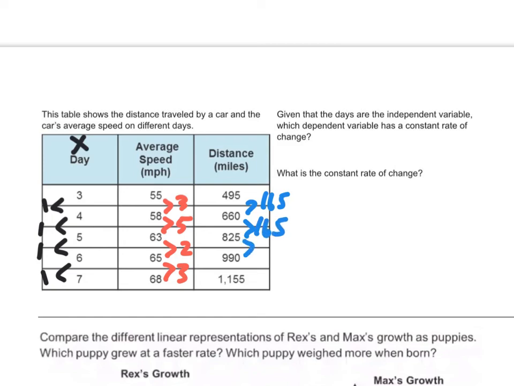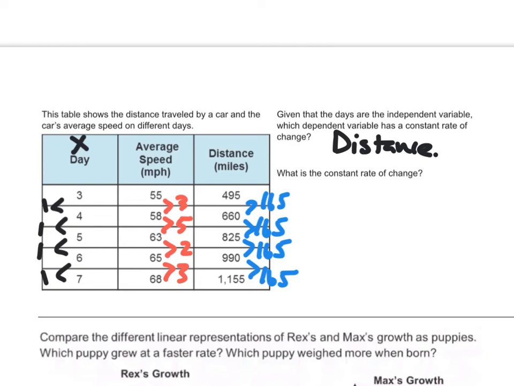If I do 990 minus 825, then that's going to give me 165. Ooh, this is fun. Okay, so we get that this is 165. Okay, this column changes at a constant rate. So which dependent variable has a constant rate of change? And that would be the distance. Okay, the distance is what has a constant rate of change.